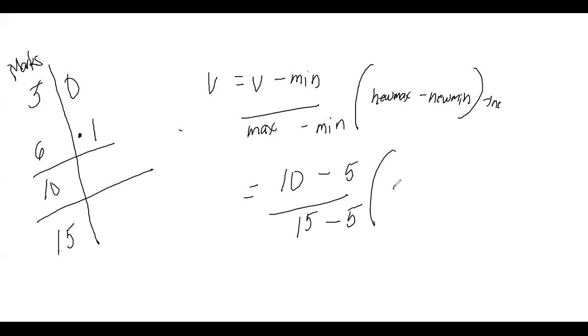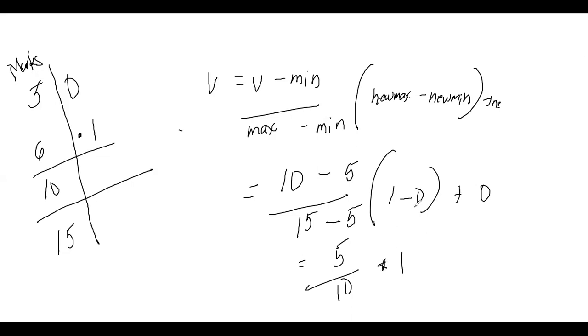The new max is 1, minus the new min, 0, plus 0. And then 10 minus 5, of course, is 5 over 10. So it becomes 0.5 times 1.